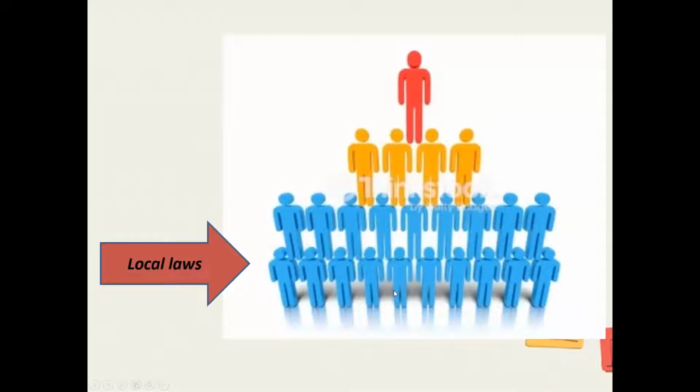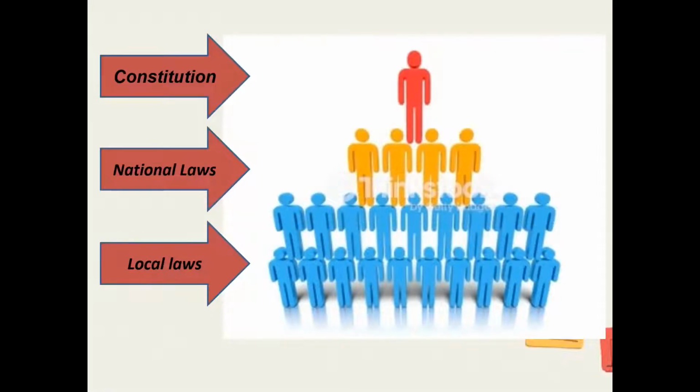So what are the different laws in the Philippines? We have local laws, national laws, and of course the Constitution. The Constitution is the supreme law. Okay, all our national laws and all our local laws must be based on and must not contravene the Constitution. So when we say supreme, it is the most powerful. Okay, so what are other examples of national laws? These are Republic Acts, executive orders by the president, presidential decrees, and declarations of holidays, for instance.